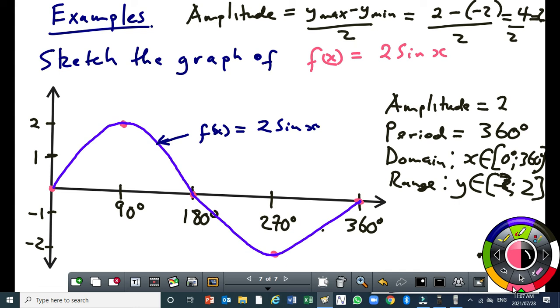Okay, for y equal to sine x, when x is 90, y is going to be 1. This is a common point, right? And then at 270, y is going to be -1. So it will be somewhere there. And that's a common point. So when you sketch it, it will look like this.